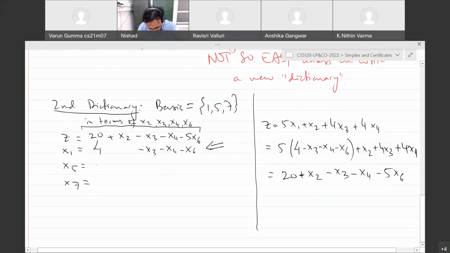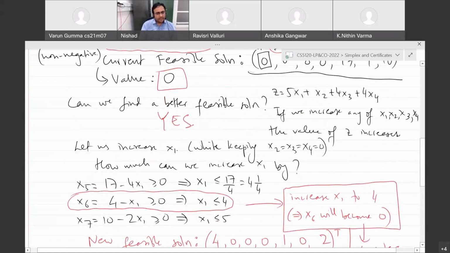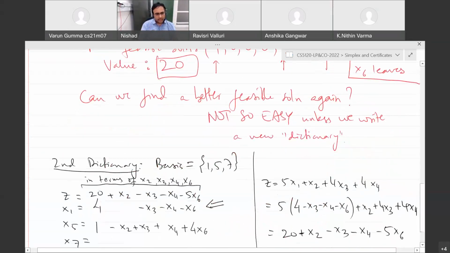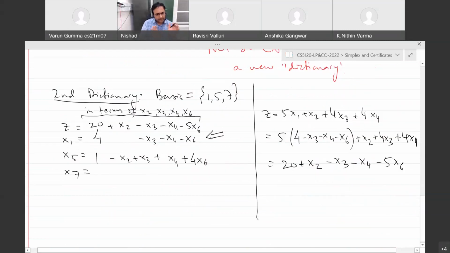And now it's going to be 1 minus x2 plus x3 plus x4 plus 4x6. Okay, let's just look at the coefficient. It was 17 minus 4x1, right? But x1 has been replaced by 4 minus whatever. So you get 17 minus 16, and that is equal to 1. Right? And then you can do the rest. Does everybody see how we are doing this?